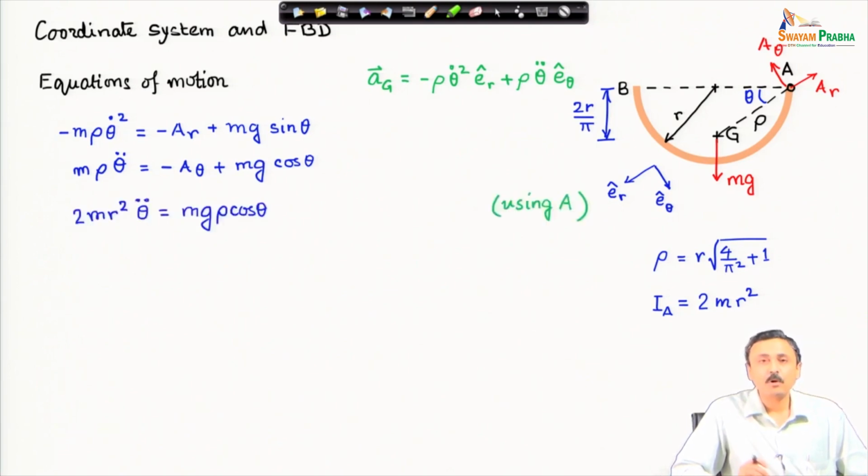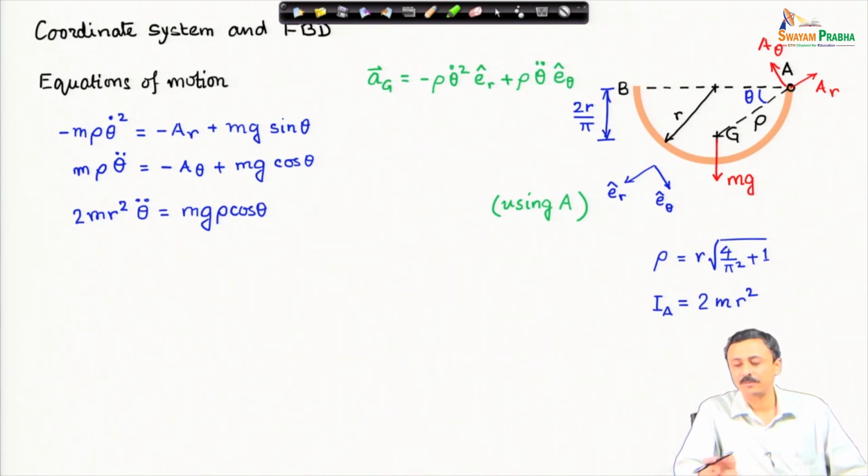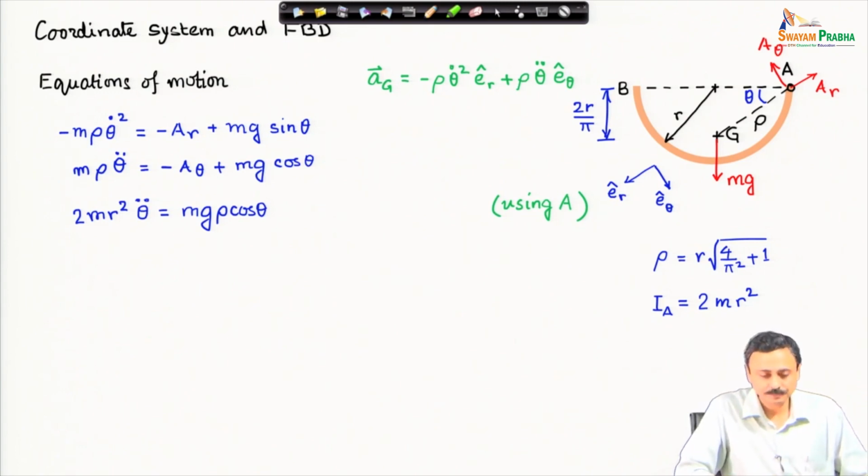I am using the point A to write down the rotational dynamics equation, and that is why I have the moment of inertia about A, which turns out to be 2 times mass times radius squared. Moment of inertia times angular acceleration must be equal to the moment about A, which is m g rho cosine theta. We have the moment only because of the weight.